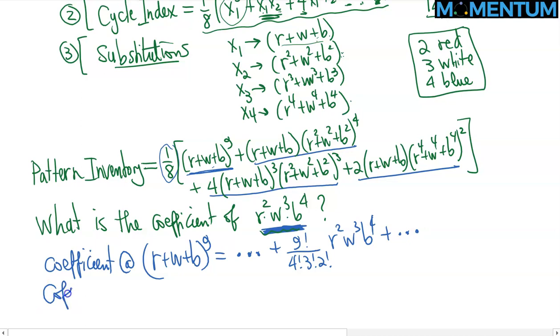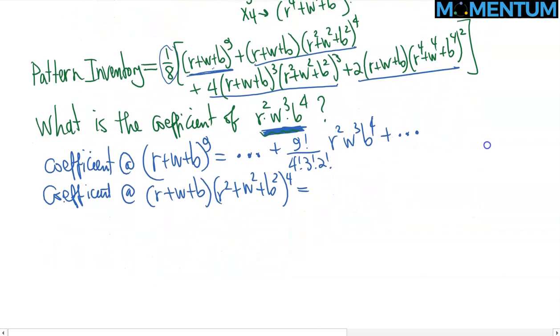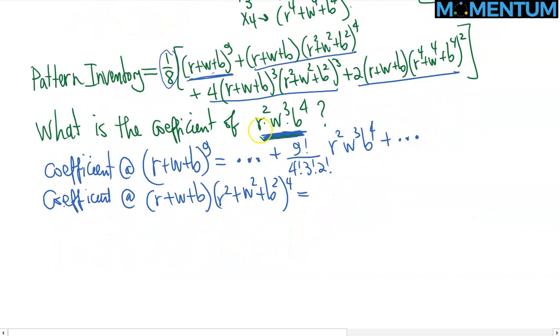Next is the coefficient of this long term, R plus W plus B times R squared plus W squared plus B squared raised to the 4th power. In that expression, I want to calculate again the coefficient of R squared, W cubed, and B to the 4th power.